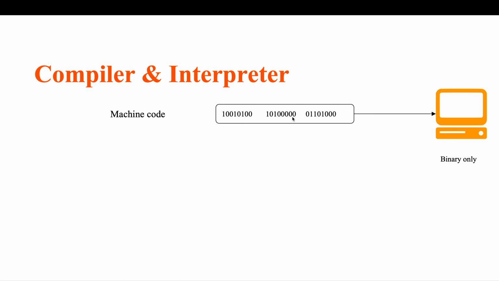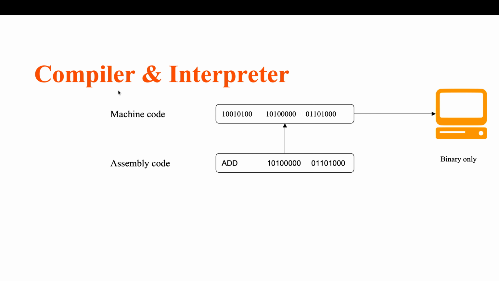So this was the case in the beginning, and then people realized that it is a bit difficult to remember all these codes and write programs in such a way. Then what they did, they replaced these instruction codes with a text representation. For humans, it's easier to remember text than numbers. So for instance, instead of writing the instruction code, they can write the text directly, for instance add for addition, sub for subtraction.